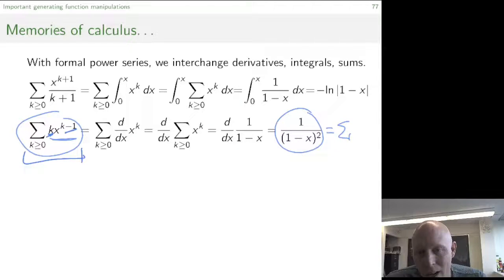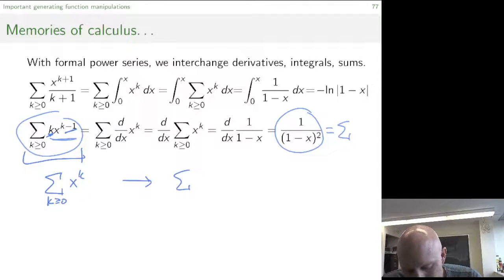So if we have the sum of x to the k, k greater than or equal to 0, and we want to compare that to the sum k greater than or equal to 0 of kx to the k, to get from here to here, we would take the derivative of x to the k.